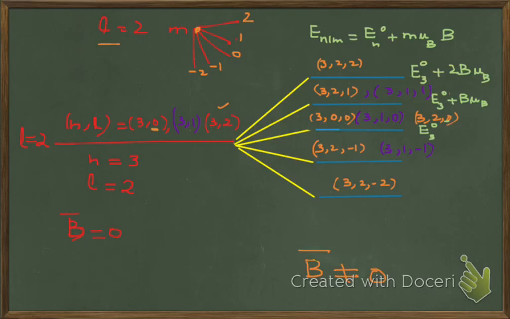This is the original value of eigenenergy. Here M is equal to -1, so we can write E30 minus mu B B. Minus comes from the value of M, that is M equal to -1. And in the last we have M equal to -2, so I can write E30 minus 2 mu B B.